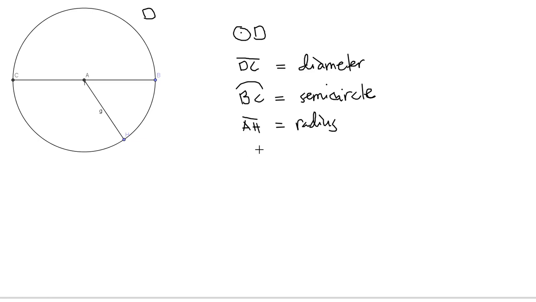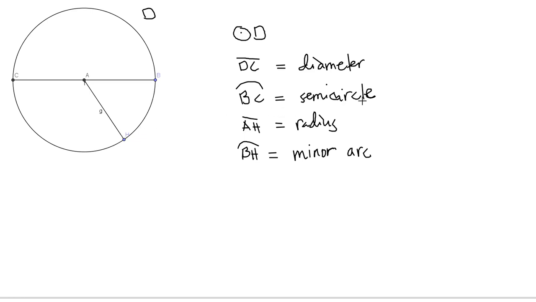Okay, and then the arc BH is now your minor arc. How do we know when it is a minor arc? Then we're talking about less than the semicircle.